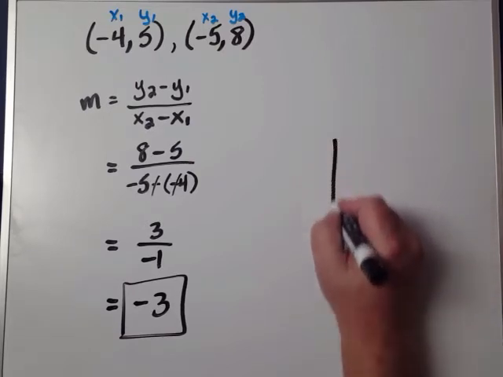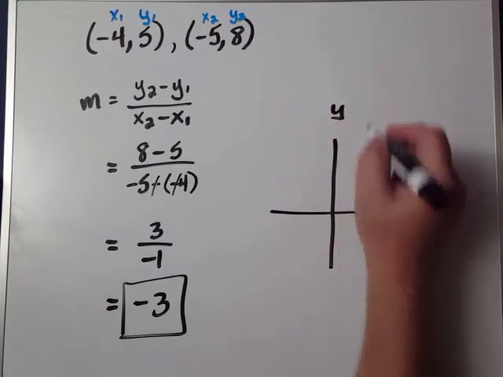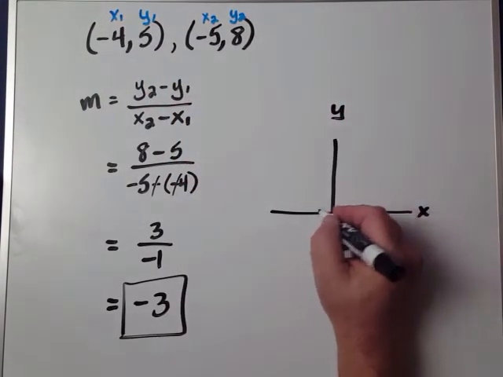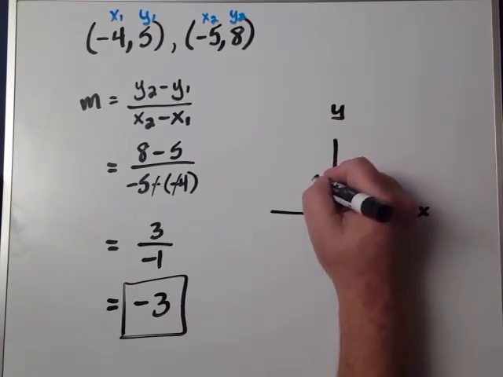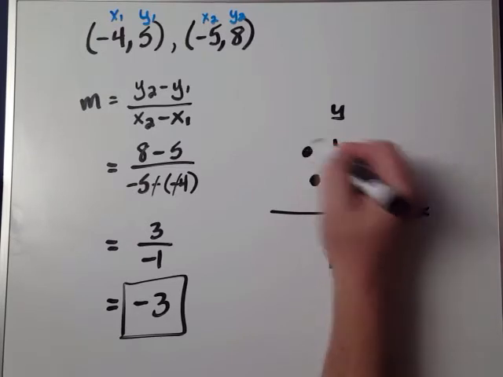What does that look like if I just show a very rough graph over here? We have this point -4, +5, maybe about right there. And then -5, +8. Something like that.